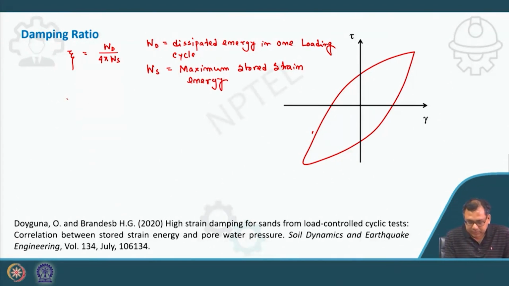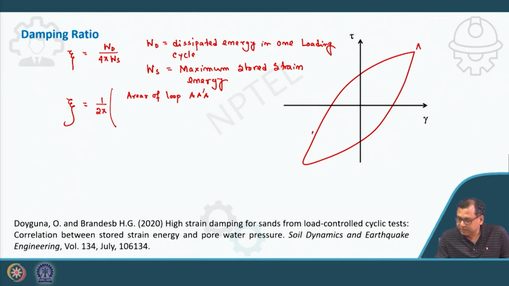Okay, so this damping ratio can be written as 1 by pi the area of loop A dash A, this is A, this is A dash. So that means the area of this loop.